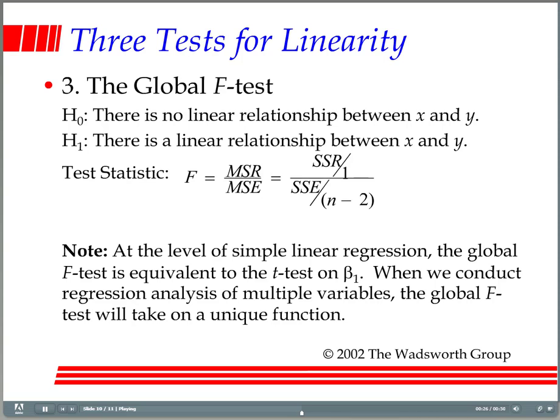In other words, are we just looking at random error, or are we looking at a significant relationship? This is more widely used for multiple regression, and note that the F-test here for simple linear regression should give you the same result as the t-test on beta 1.